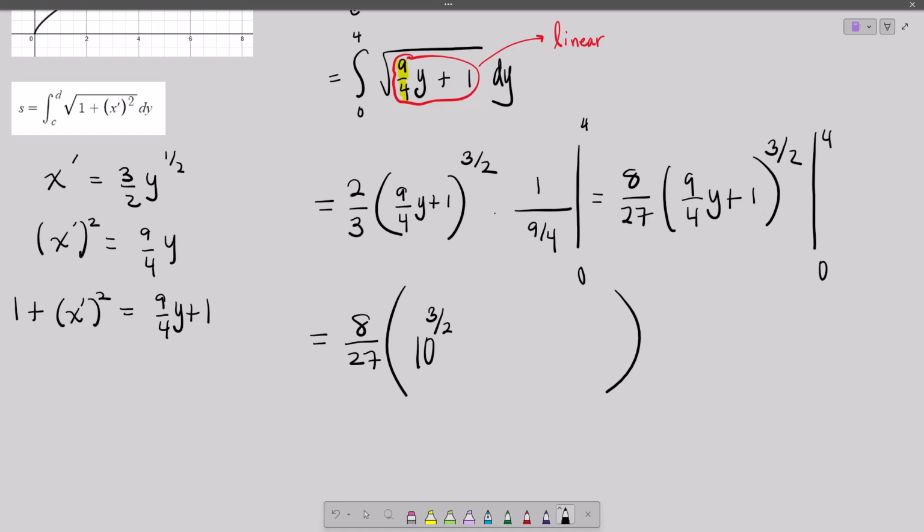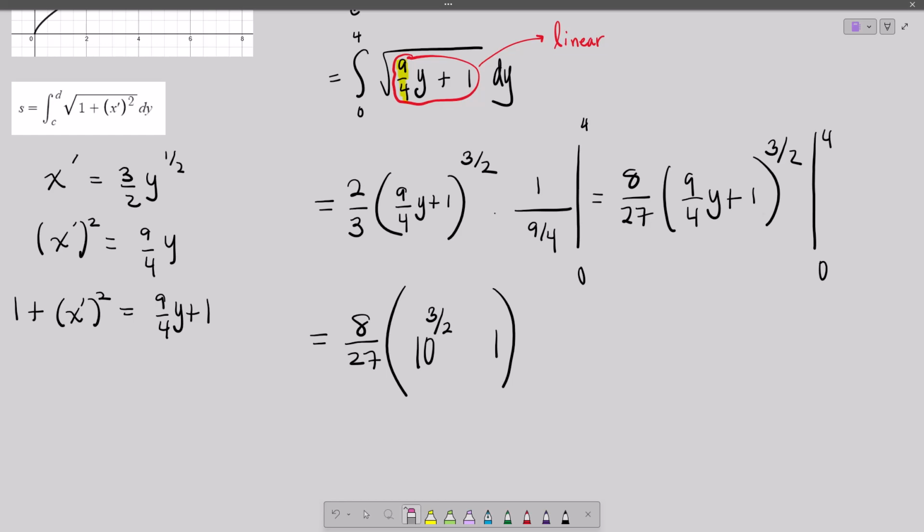And what do we get when we plug in 0? 1. Just 1, right? Except am I adding it or subtracting it? Subtracting. Right, so we plug in the 4, and then we subtract off what we get when we plug in 0.